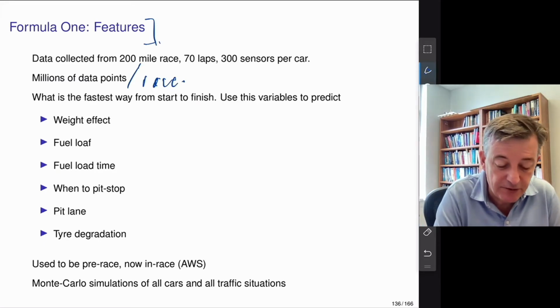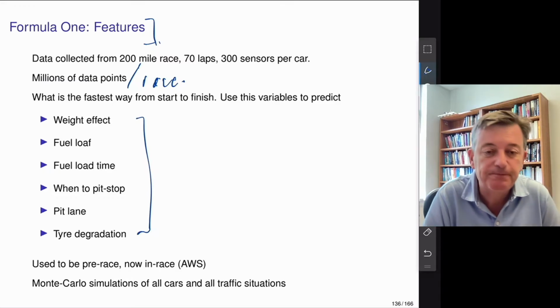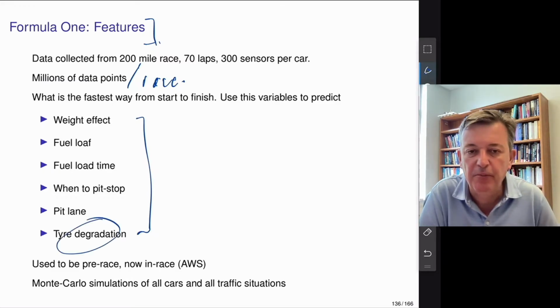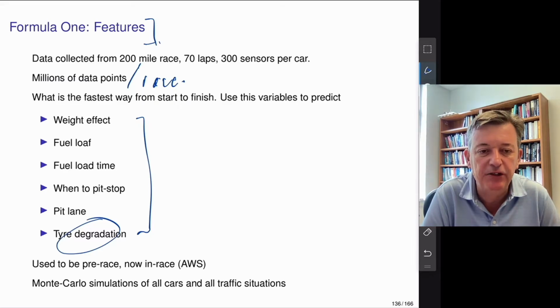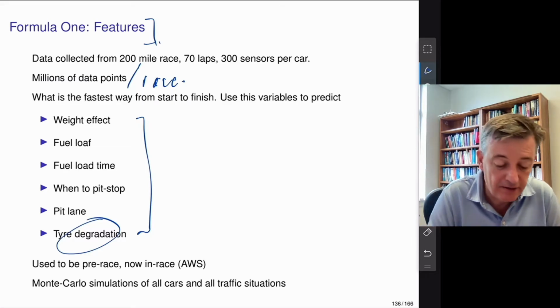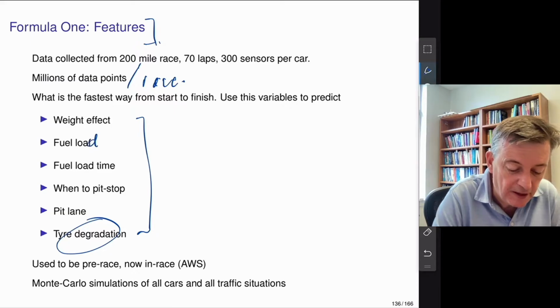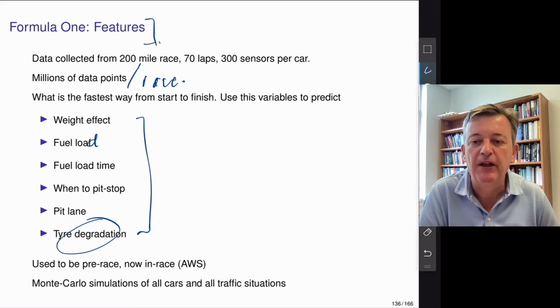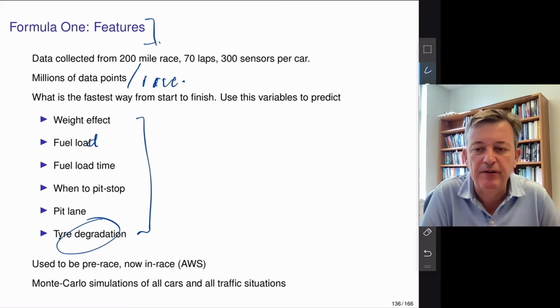And there's a whole bunch of variables. And one of the more important ones is tire degradation, fuel load, for example. And again, there are lots of optimum strategies. So, for example, trying to predict when is the best time to try and overtake somebody if you're in second place, et cetera.